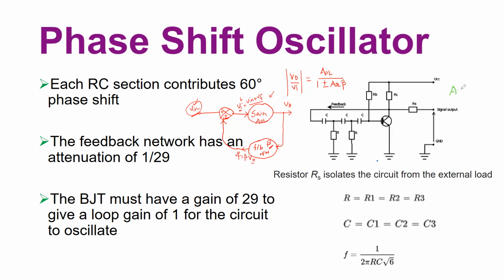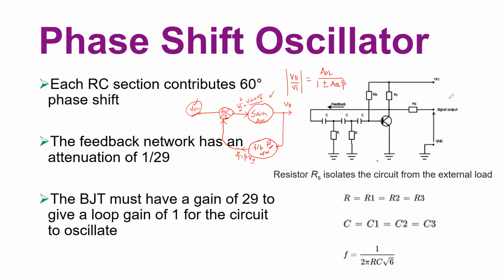So A times beta is equal to 1. If beta is equal to 1/29, the gain has to be 29. So your amplifier section, your BJT, must have a gain of 29, so that A times beta becomes equal to 1.